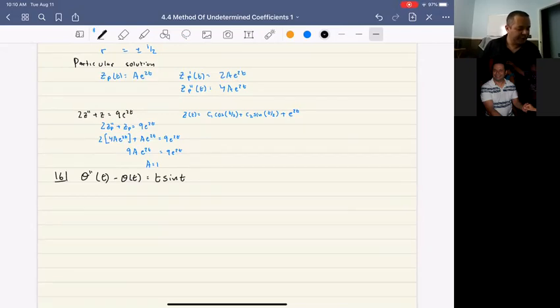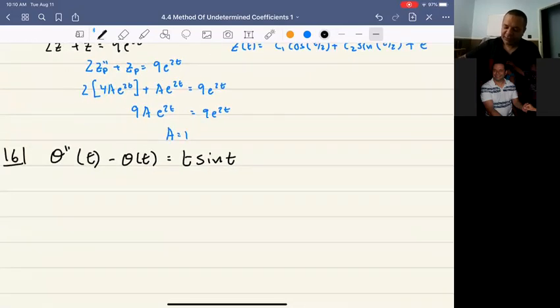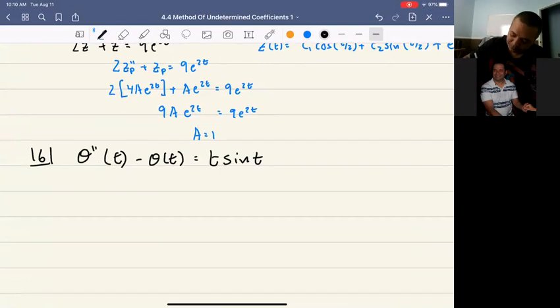Okay, so let's start by taking, again, the homogeneous part. So the homogeneous part is theta double prime of t minus theta of t equals 0.